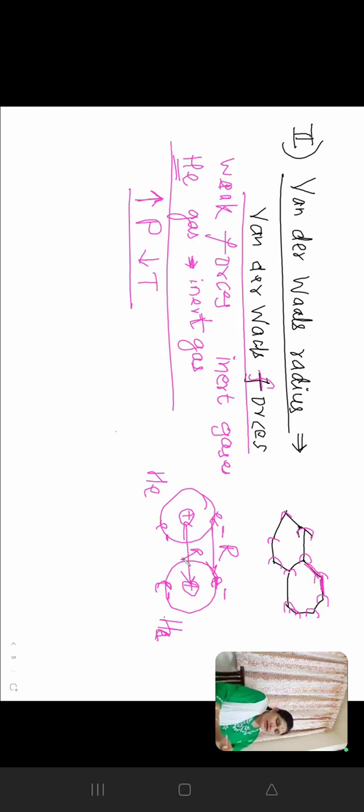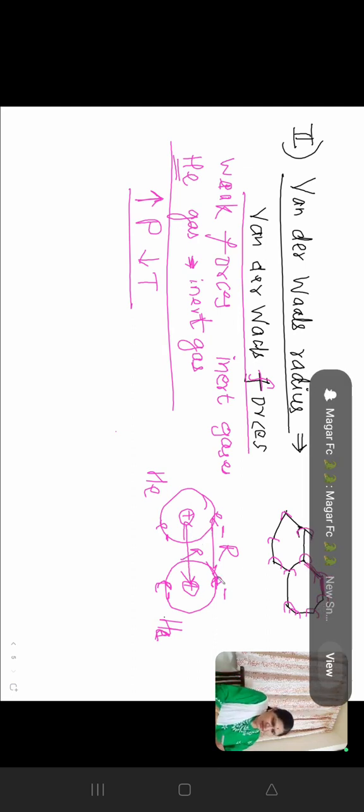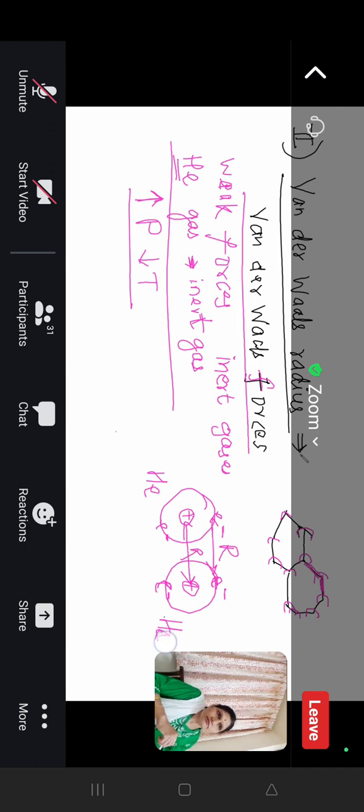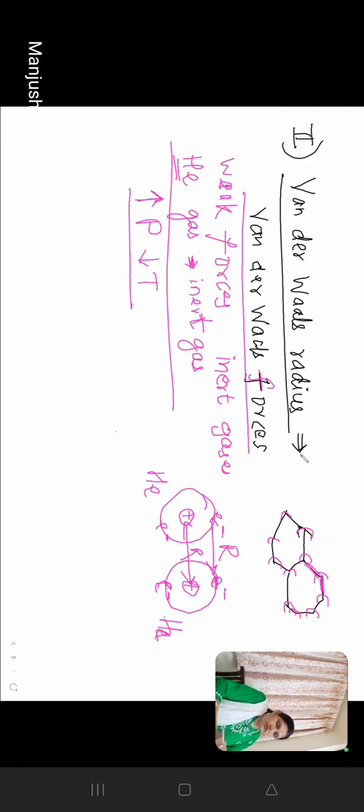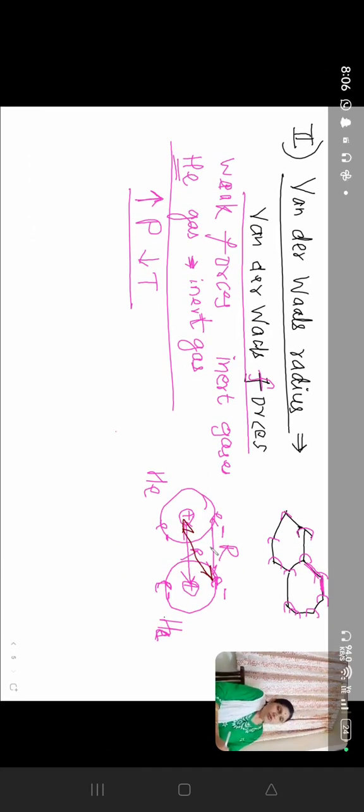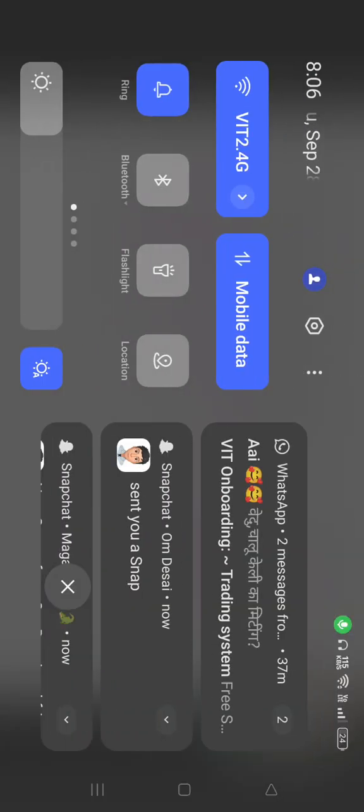But where will the attractive force be? Between protons and electrons. Yes, opposite charges. The force of attraction will be between the nucleus of one atom and the electron of the other, and vice versa.